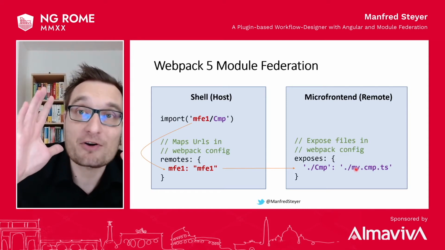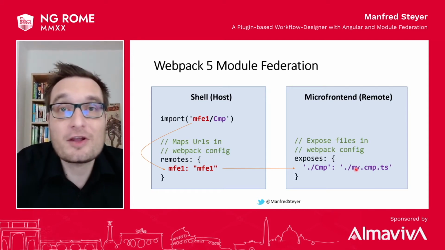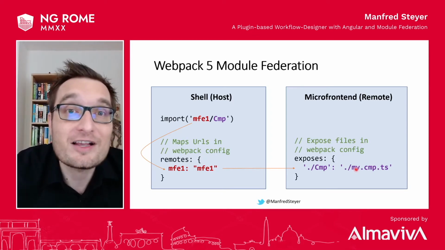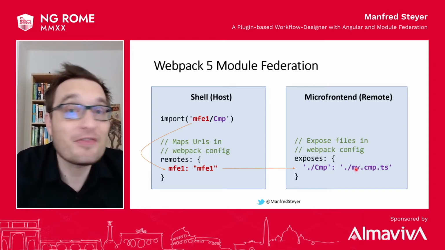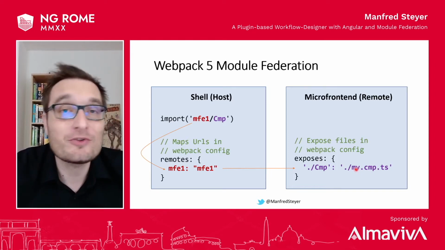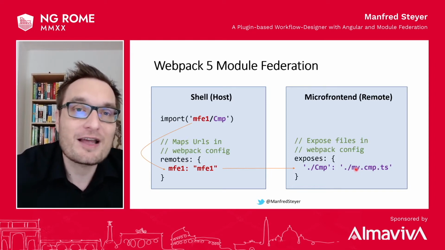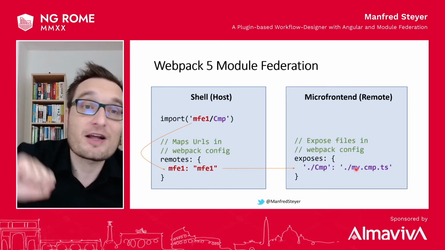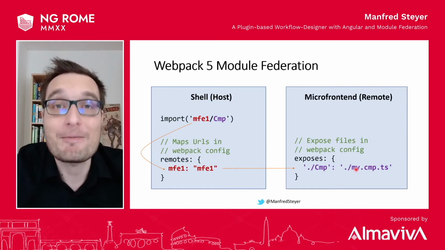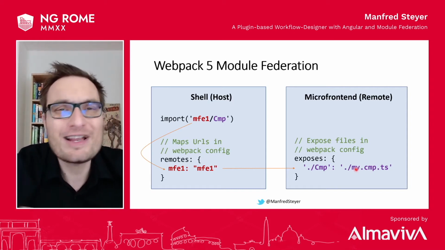From Angular's perspective, this is just a dynamic import, this is just lazy loading. But Webpack is doing the heavy lifting underneath the covers. Webpack knows about the configuration that it has to grab over there and load something from this different, separately compiled application. So it's really as easy as that.